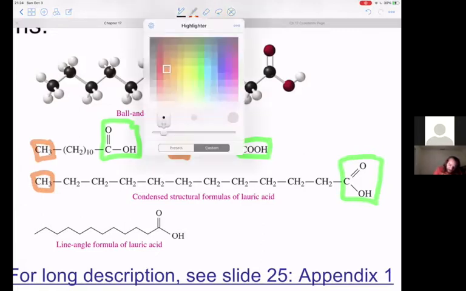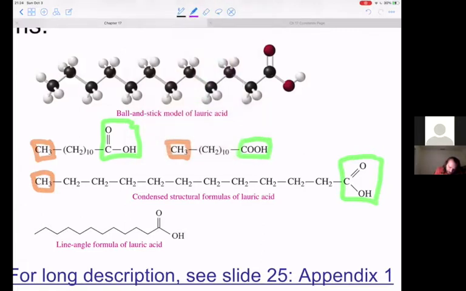And in the middle, we have CH2, CH2, CH2, CH2, CH2, CH2, CH2, CH2, CH2, CH2. So one of the ways that they draw this in an even more condensed formula is by having CH2 and then the number of times that unit repeats.